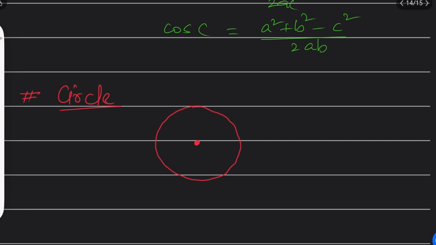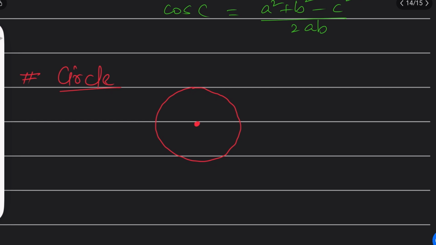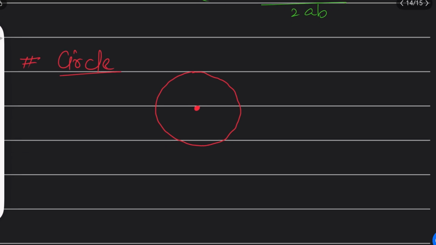This is just a definition, you do not need to go with the definition, you just understand what a circle is. This type of geometry is called a circle, whose periphery is at the same distance from the center in all directions, at any point of time.